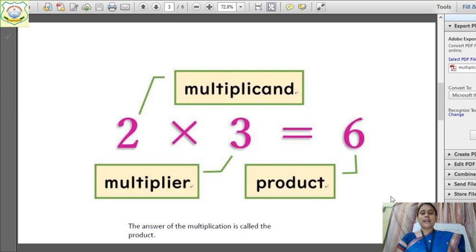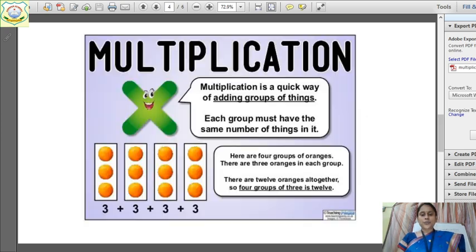Now we will come to our next page. You all know the symbol of multiplication. This is the cross symbol. Yes, this is the multiplication symbol. You all know that. I know. You all have seen it before also.